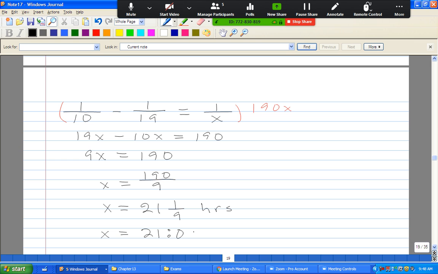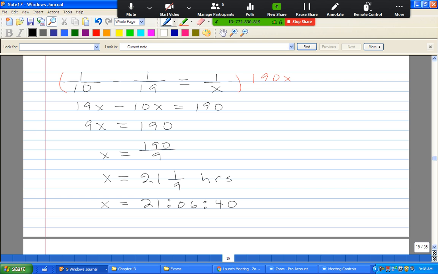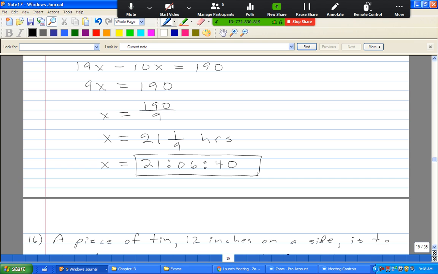And so, if I take the fraction that's left, I get 6 minutes. And there are 60 seconds in a minute. And so there's remaining 40 minutes, 40 seconds. And so I have that it takes 21 hours, 6 minutes, and 40 seconds to fill the pool.